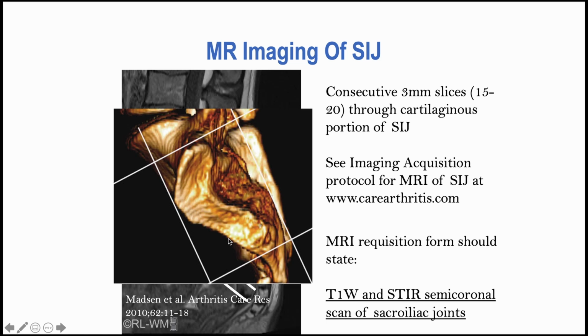And it is extremely important that we see as much of this structure as possible, and hence this is why we image this portion of the joint in the semicoronal orientation.